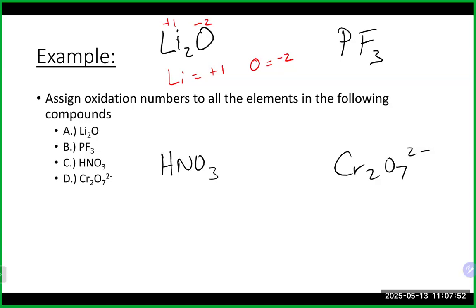Here, taking the PF3, fluorine is always -1. That's going to contribute a -3 charge here. And that means actually the phosphorus here will take on a +3 oxidation state. So again, as we can see here with phosphorus in an ionic compound, we normally assume phosphorus would be -3 as it's accepting those electrons. In this case, though, what's happening is it's hooked up with some fluorine, which is sharing electrons with it.